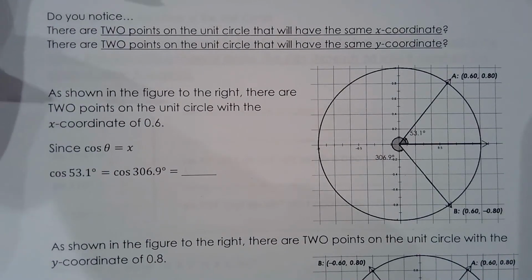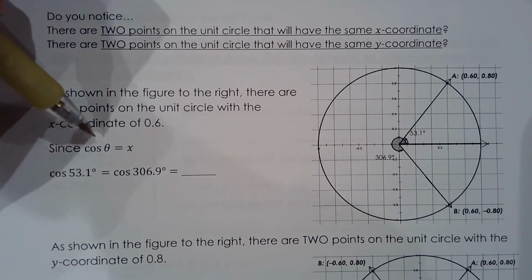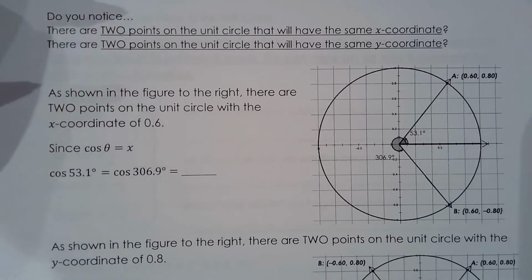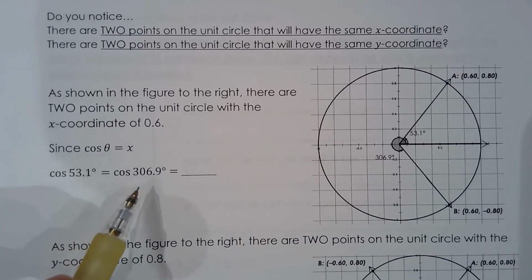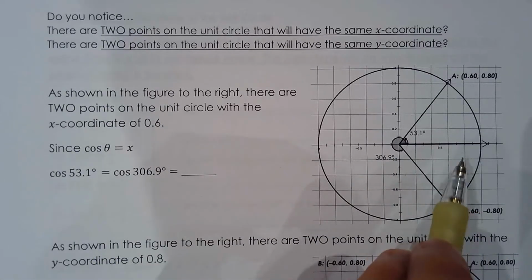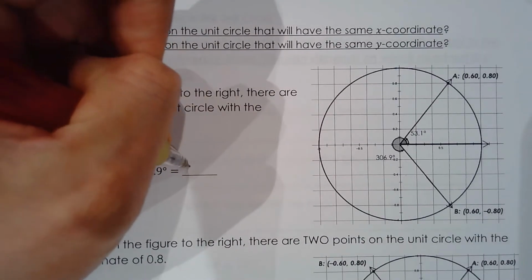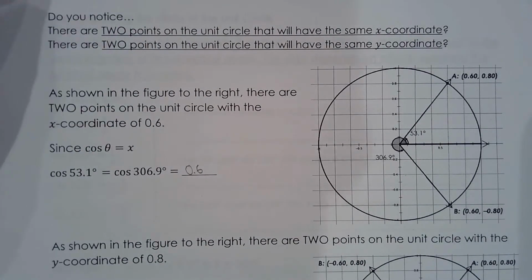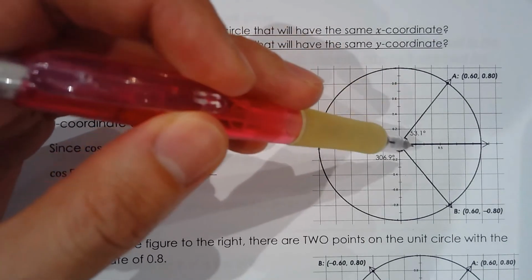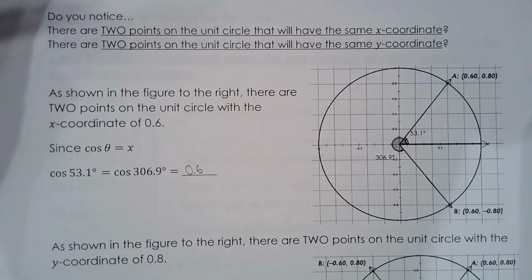We said earlier that cos theta is equal to x. So cosine 53.1 degrees and cosine 306.9 degrees are equal based on the diagram, and they are equal to 0.6. Now, I really want to highlight a relationship that exists between 306.9 degrees and 53.1 degrees.